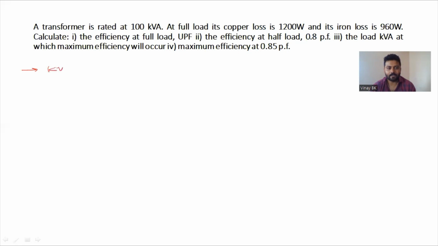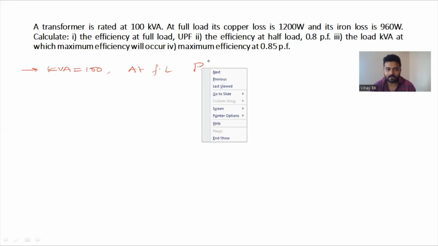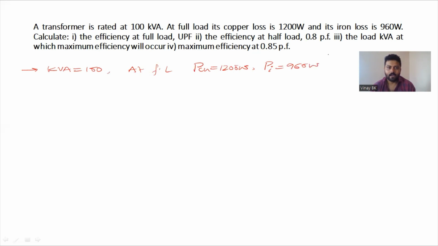They have given the kVA rating, that is 100, and at full load the copper loss P_cu is 1200 watt, and the iron loss P_i is 960 watt.